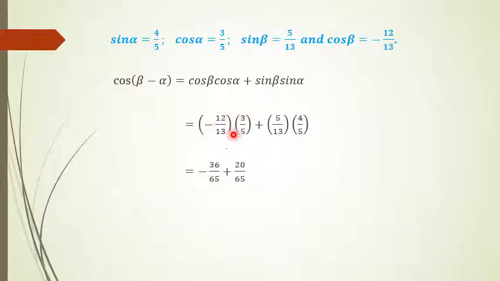Minus 12 times 3 is minus 36, 13 times 5 is 65, 5 times 4 is 20, 13 times 5 is 65, and adding those is simply 20 minus 36, which is minus 16 over 65. That is our final answer.